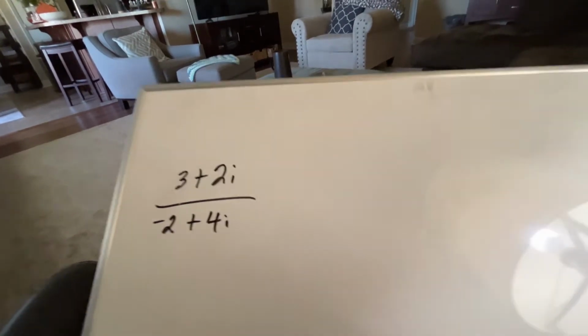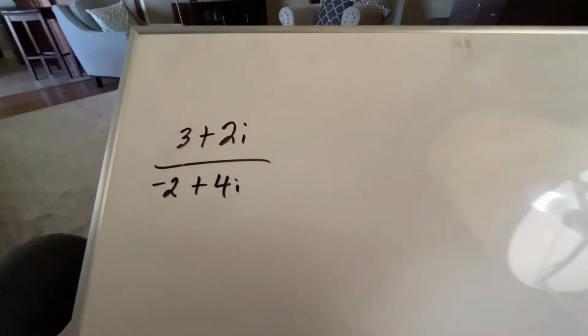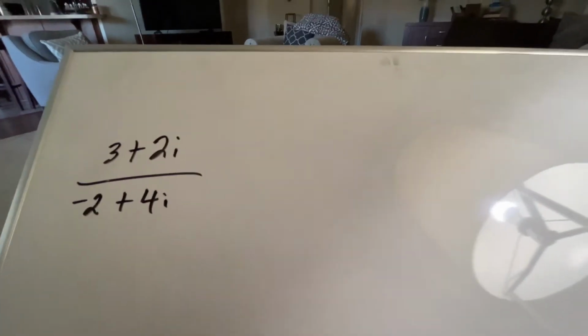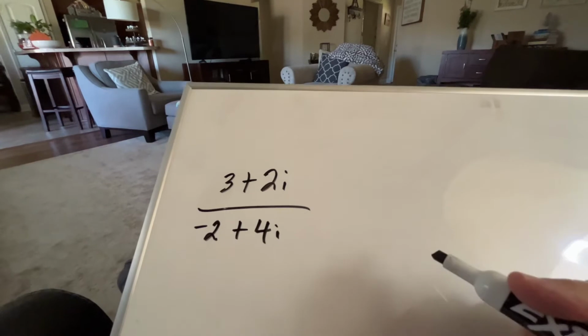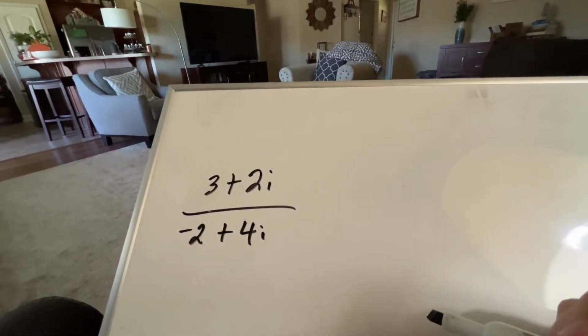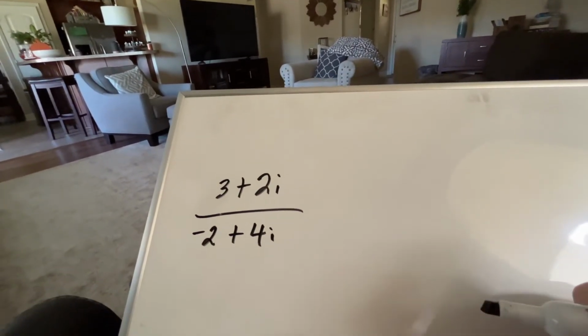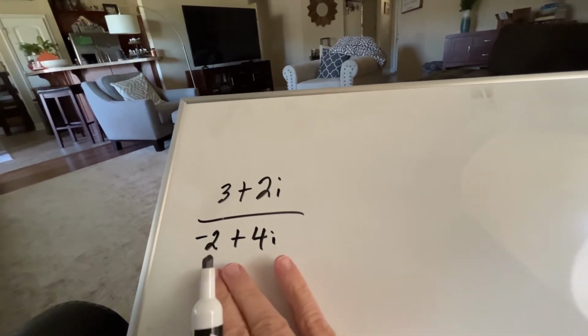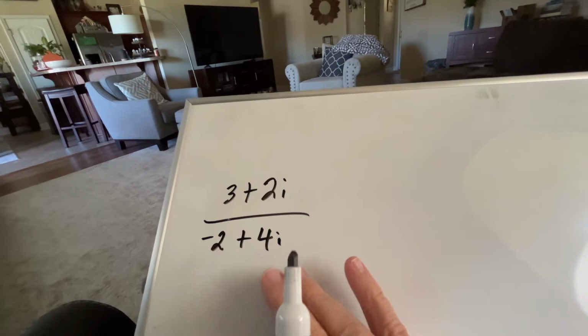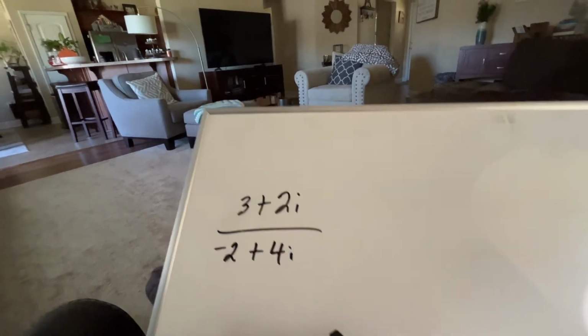To get it in simplest form, somebody pretty smart figured out that if we multiply both the top and the bottom by what we call the complex conjugate, then it'll remove the radical in the bottom. So the complex conjugate of negative 2 plus 4i is negative 2 minus 4i.